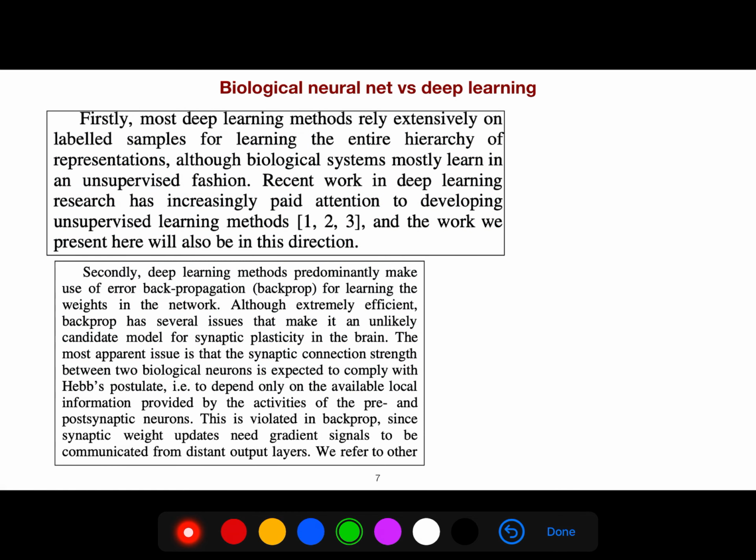So there is a big difference between biological neural nets versus these naive deep learning methods that we know in artificial intelligence. Most deep learning methods rely extensively on labeled samples for learning an entire hierarchy of representation. Second, deep learning methods use backpropagation, but we know in the human brain, everything is just Hebbian rules, and so everything is local, which is more natural than backpropagation that backpropagates from very far regions to different layers.